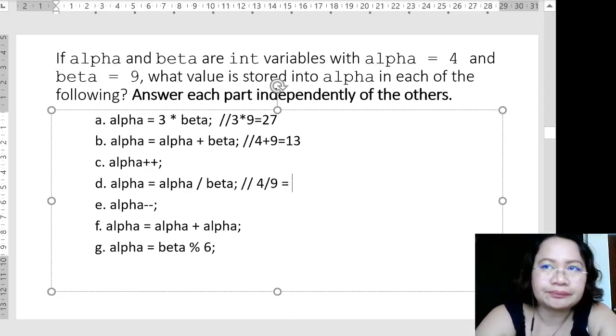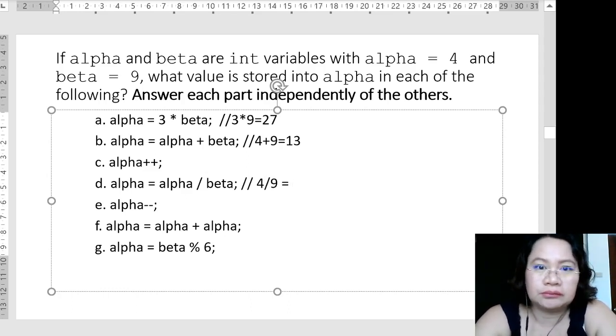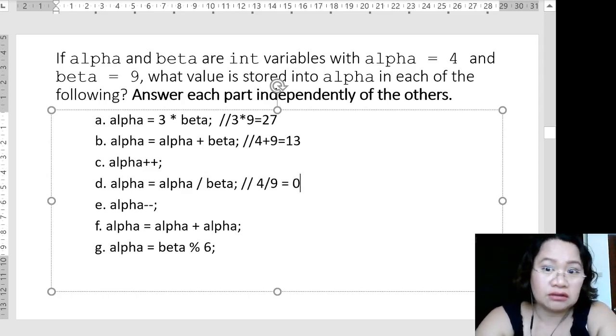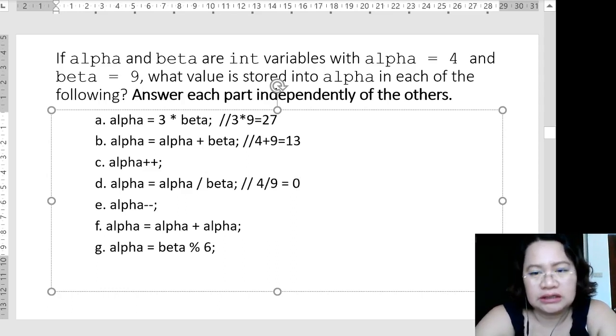How many 9s are there in 4? 0, right? So 0 is the answer because both alpha and beta are integer types. So what do we do if we want the result to be a double? We typecast our result. We'll do that in the program.